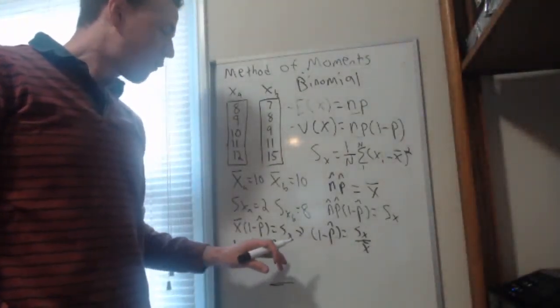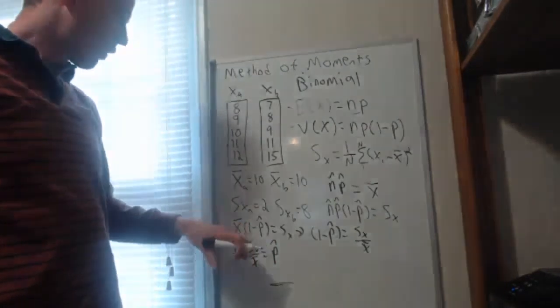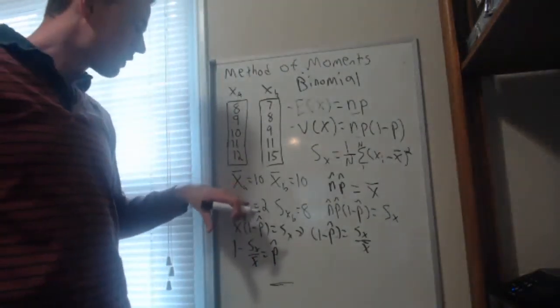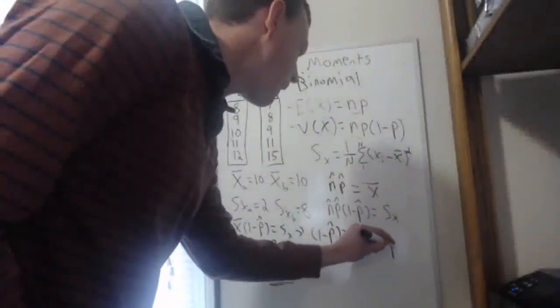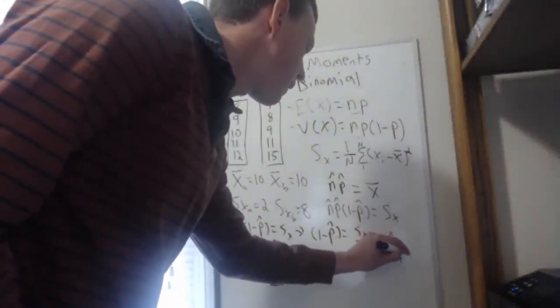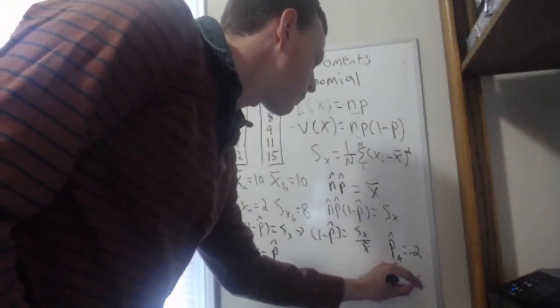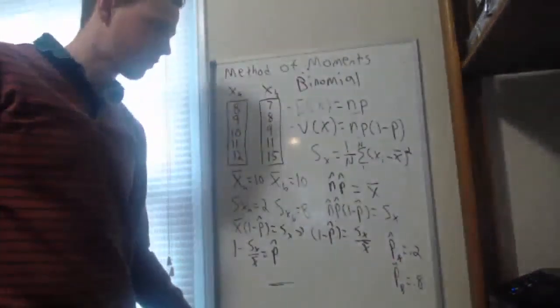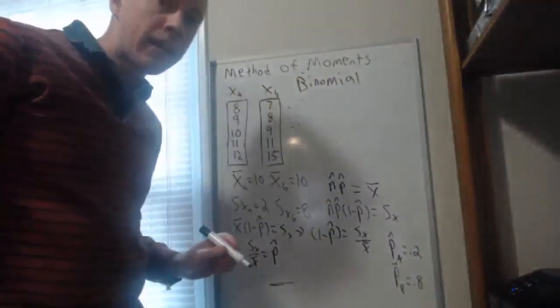And so with that, for xa and xb, we can now say that s of x for our first sample is 2 divided by 10, so our p hat A is going to be 0.2, and our p hat B is going to be 0.8. And now we need to find n hat for both samples.